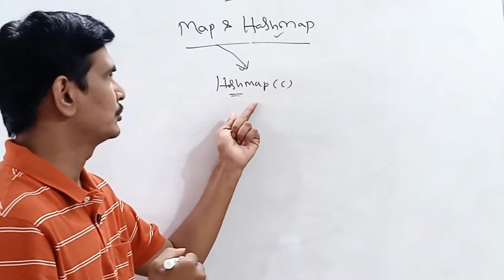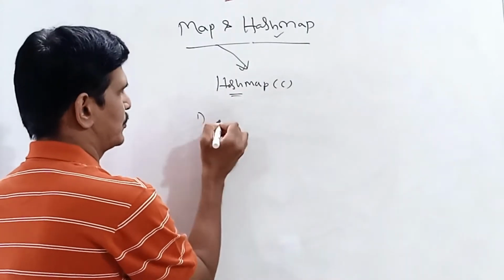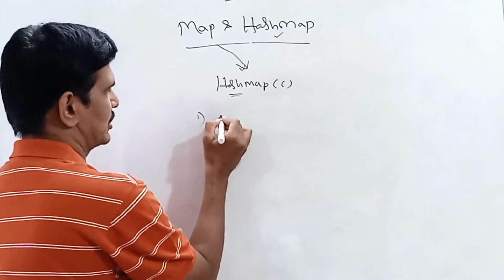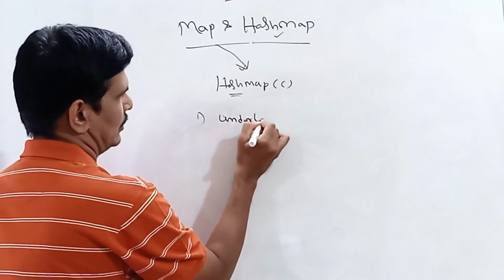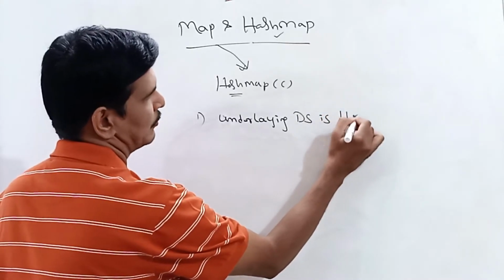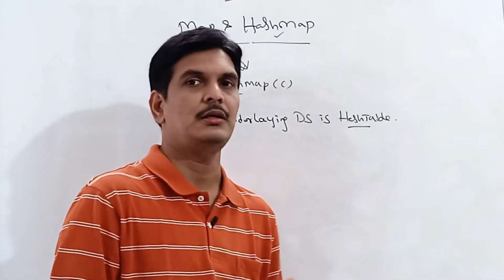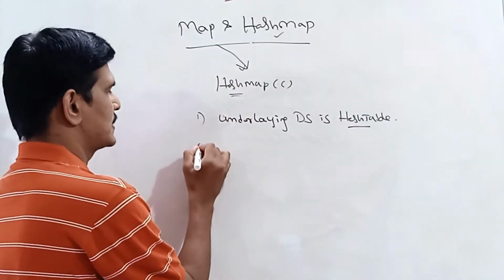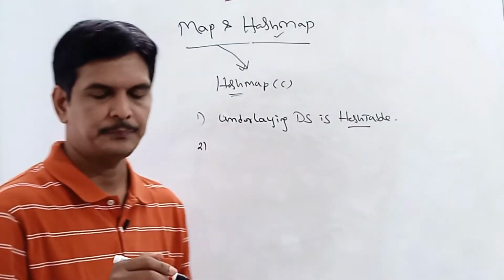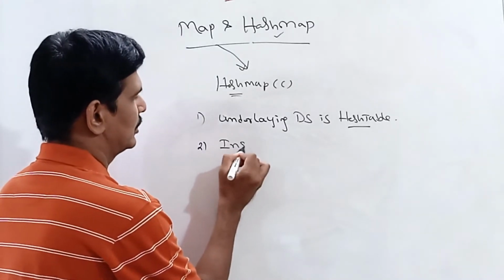So HashMap is also implemented using the hash table data structure. The second point is, in the HashMap, insertion order is not preserved.